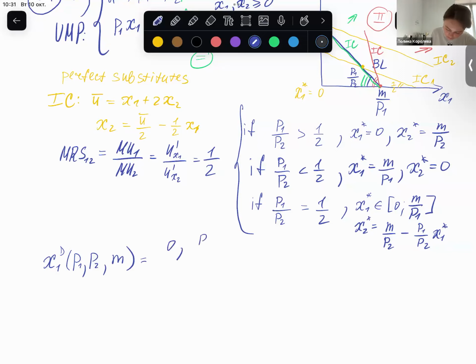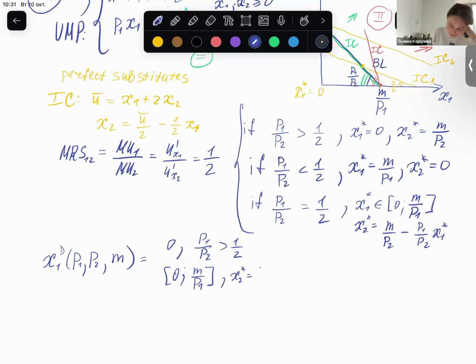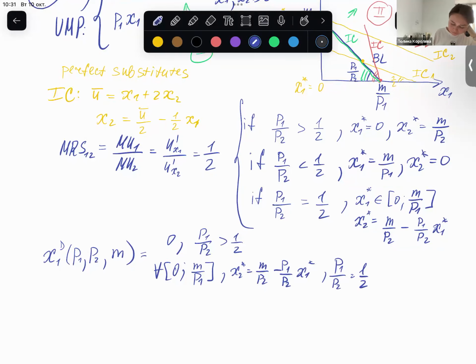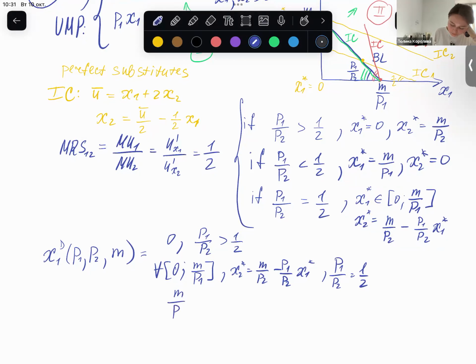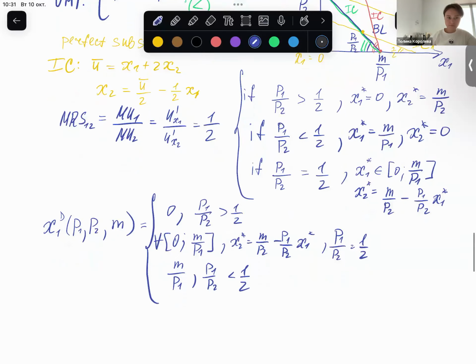It equals 0 if p1 over p2 is bigger than 1/2, equals any point from 0 to m over p1 when x2 equals m over p2 minus p1 over p2 x1, if p1 over p2 equals 1/2, and vice versa, m over p1 if p1 over p2 is less than 1/2. So this is the demand for the first good.